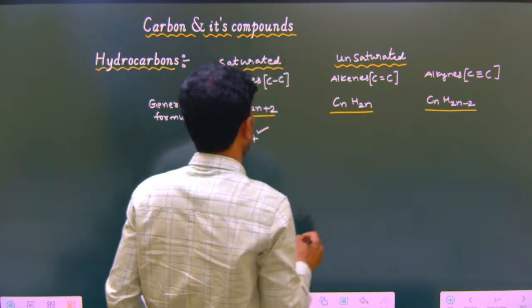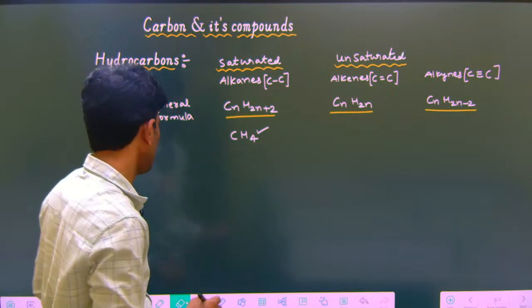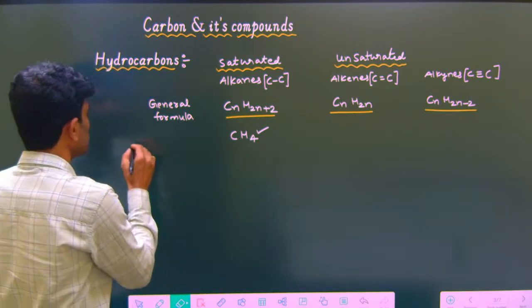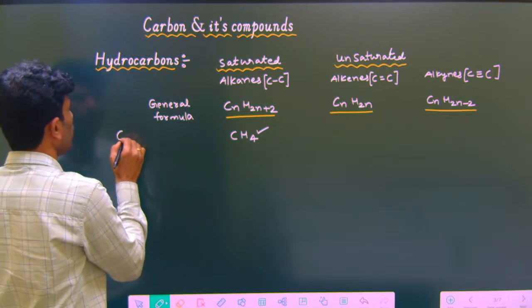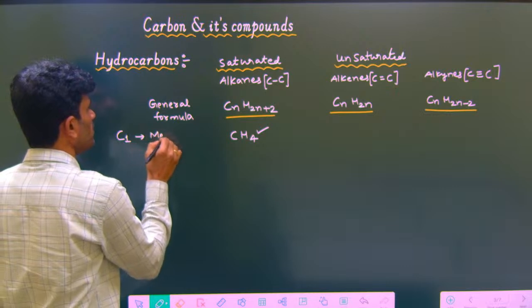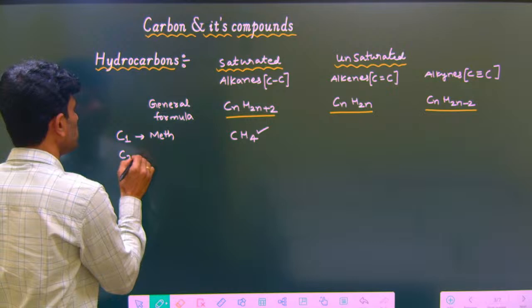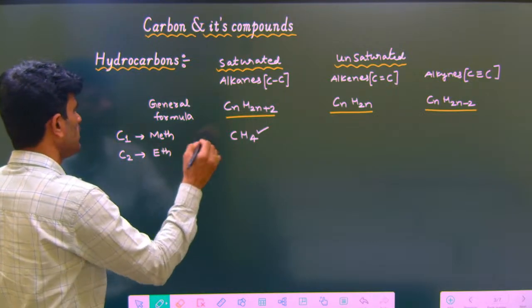So what is the first member of alkane? Methane. I did not tell you about the word roots. Hope everybody remembers: if there is only one carbon, the name will have the root meth. If there are two carbons, it is eth: ethane, ethene, ethyne.